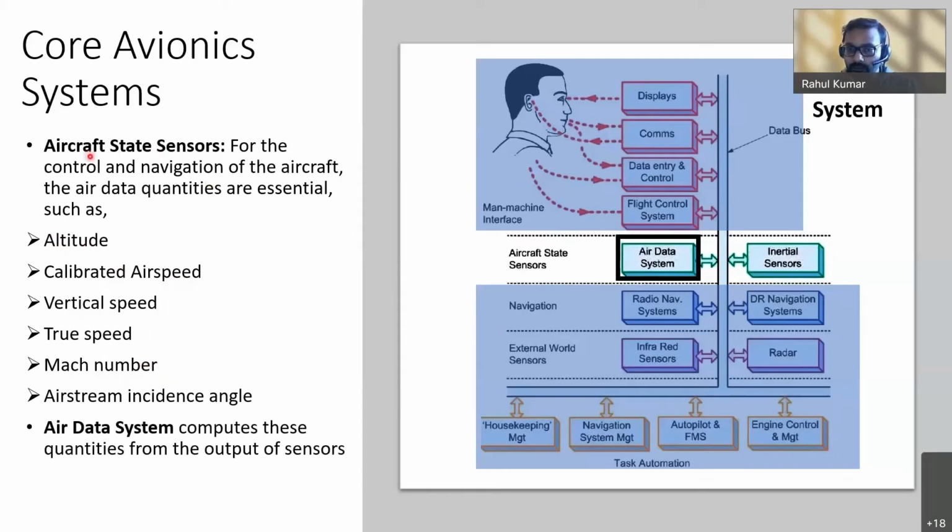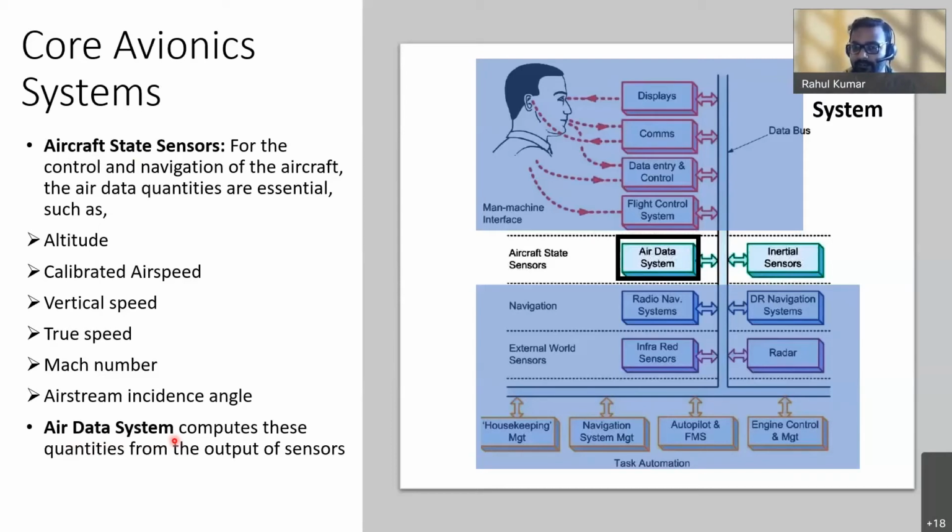So in this aircraft state sensor, you have several subsystems. One of the subsystems is your air data system, which is essentially a computer connected to different sensors, right? It collects the information from the sensors, processes it, and provides the air data information.